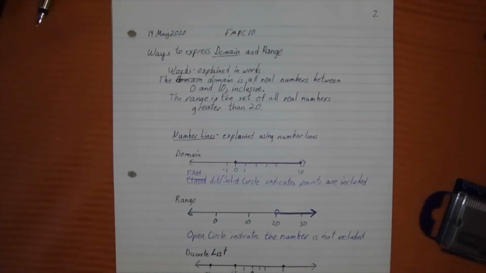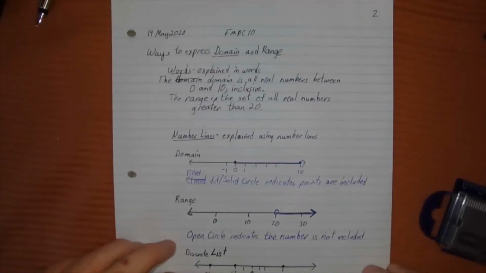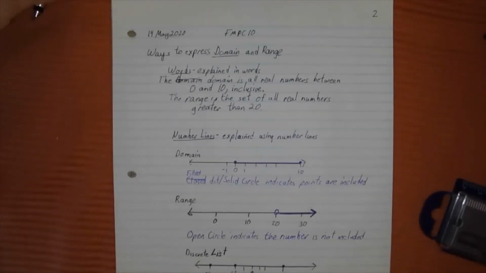Words, number lines. There are 2 more ways. This is actually going much more quickly than I expected it to. Oh no, 3 more ways. I miscounted. Silly me. I'm going to try to fit this in here.